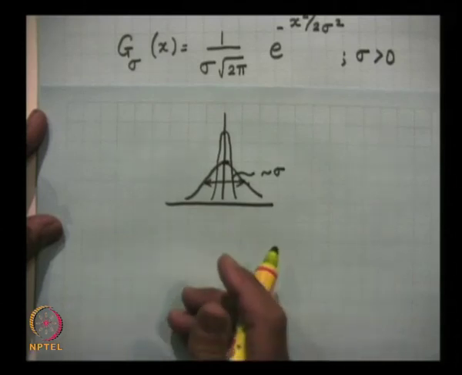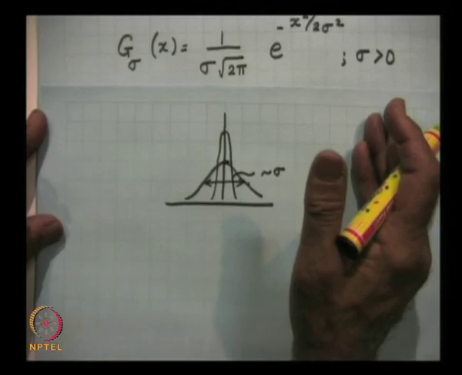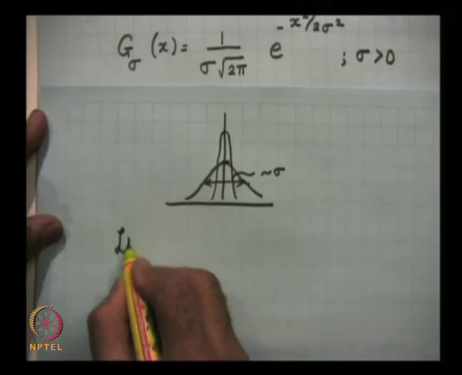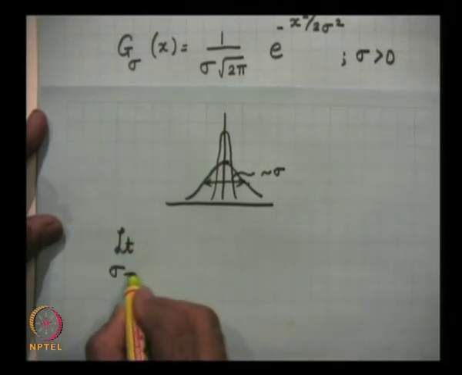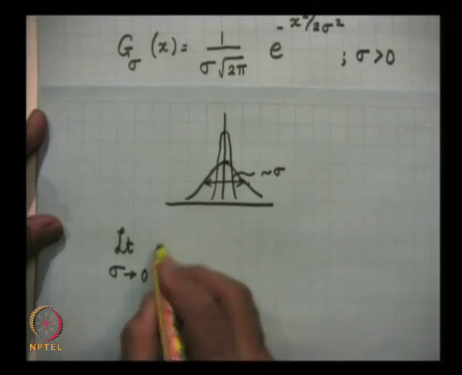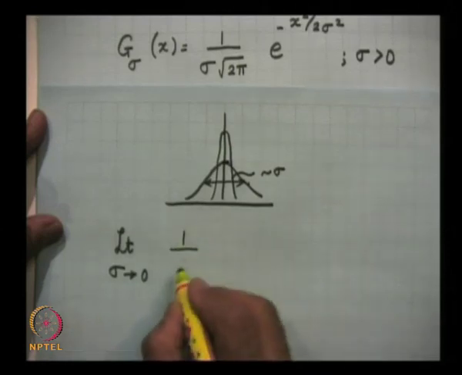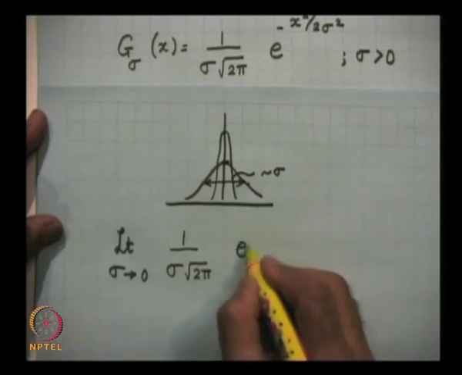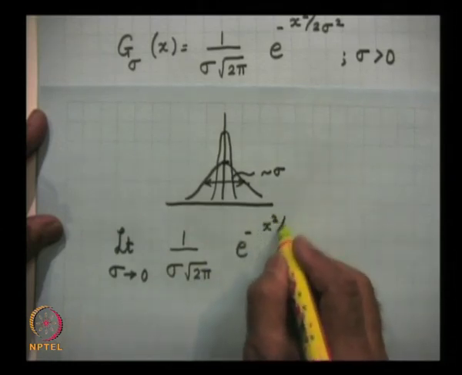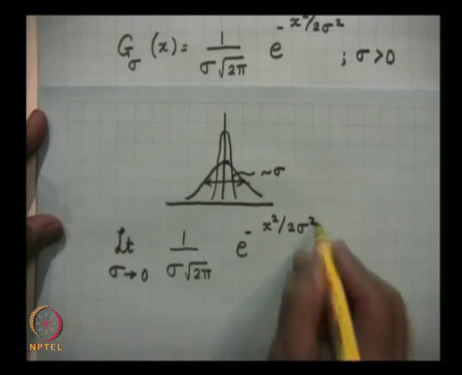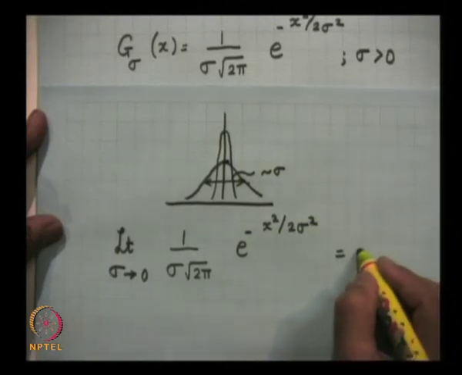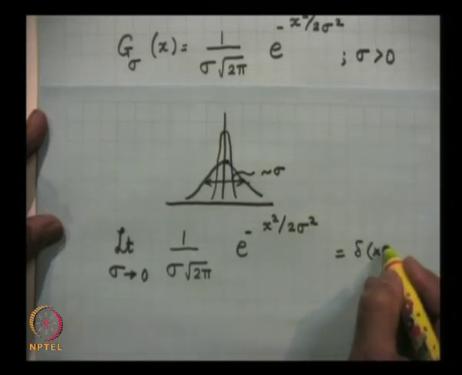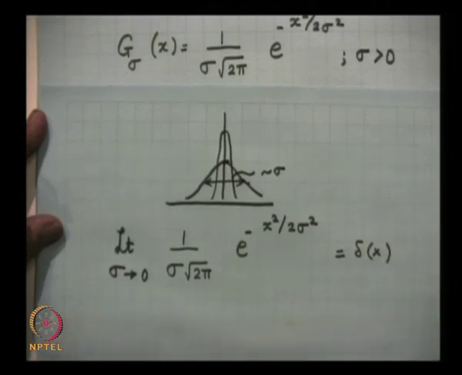Therefore, it has all the properties of the delta function, and so we can write the limit of sigma tending to 0 of g sigma of x, that is 1 over sigma under root of 2 pi e to the power of minus x square by 2 sigma square. This is yet another representation of the Dirac delta function.